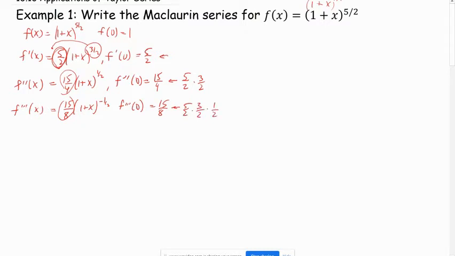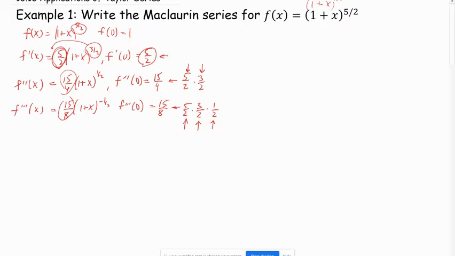That's going to be important to recognize this pattern. This is our exponent, 5 halves. Then we have that same exponent, 5 halves, times 1 less than that, and then one number less than that, and one number less than that. That pattern will continue forever.